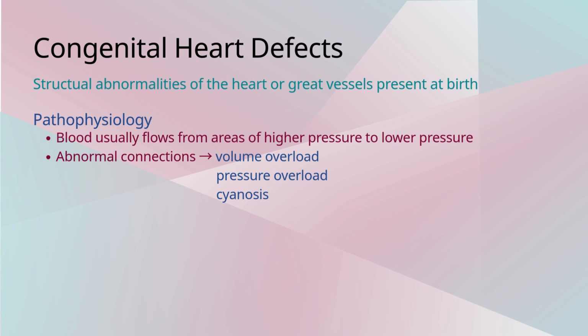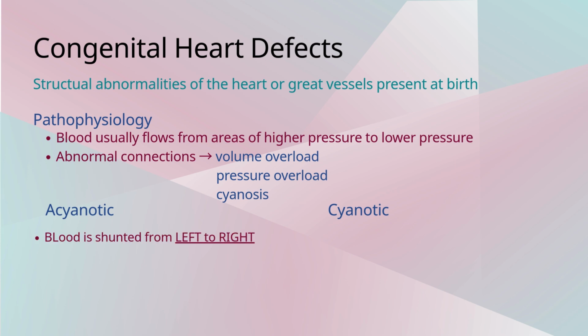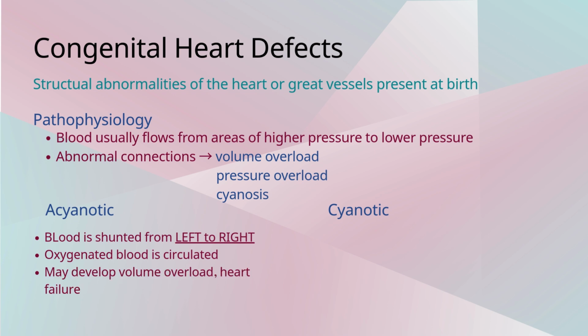Now, we usually classify defects as being either acyanotic or cyanotic. Acyanotic defects involve a left to right shunt. Because the left side of the heart is normally at a higher pressure than the right side, oxygenated blood from the systemic circulation, so either the left atrium or the left ventricle, is pushed to the right side. And because it's oxygenated, patients don't become cyanotic, but they can develop things like volume overload.